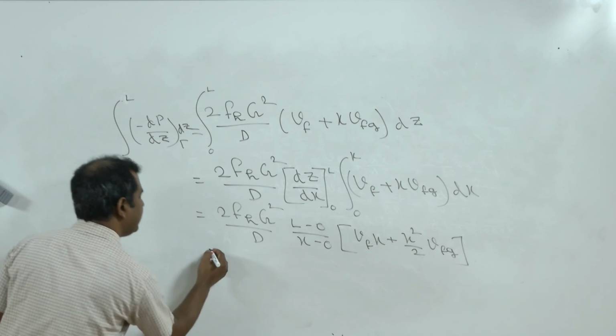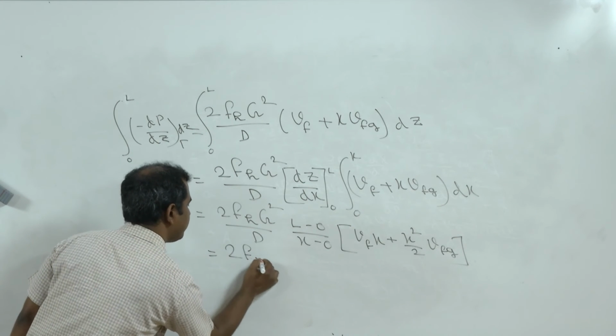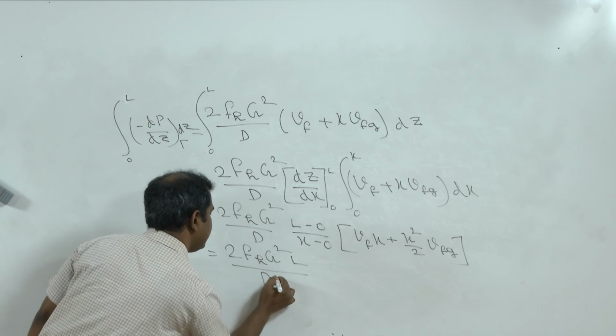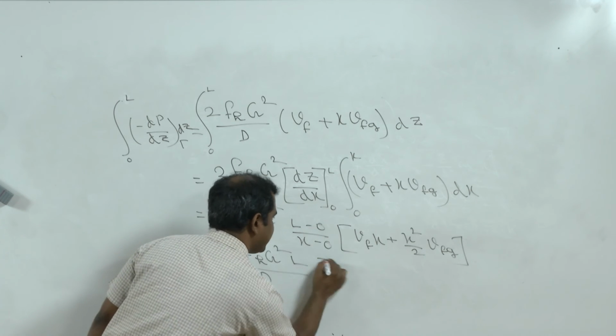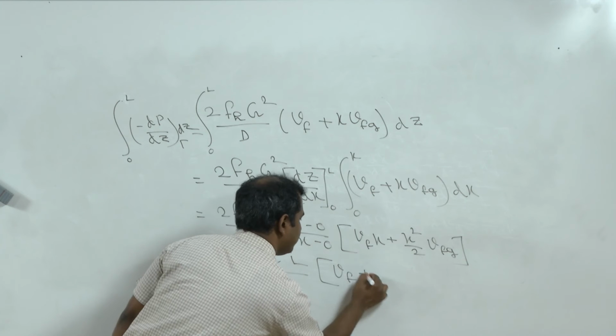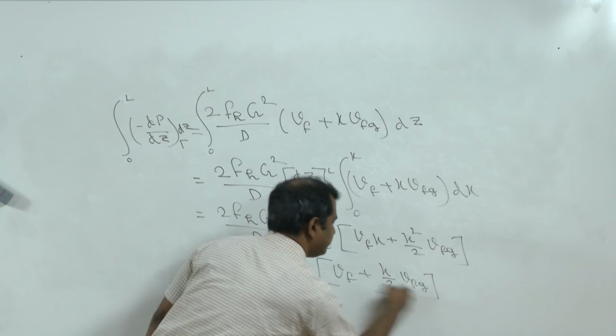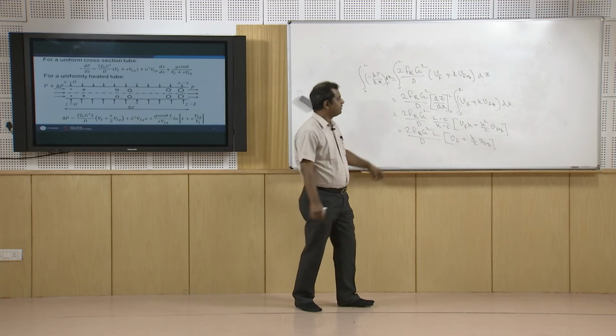Right. So, I finally get 2 Fh G square L by d, and x I can cancel over here. So, Vf plus x by 2 Vfg. So, this comes from the frictional pressure drop.